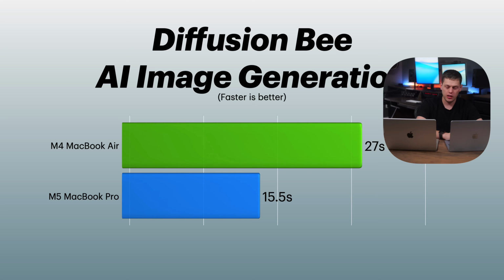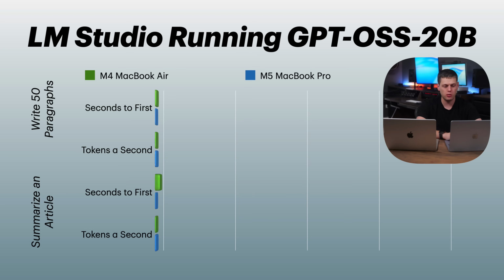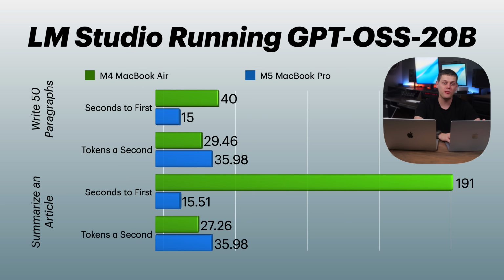Both of these machines with GPT-OSS 20B, I was noticing major improvements with the MacBook Pro over the MacBook Air. The main difference is in the time to first token, which basically just means the response time on the MacBook Pro was way faster than the MacBook Air. It honestly made the MacBook Air feel unusable for LLM work, because with the MacBook Pro, it would actually load the response way faster.